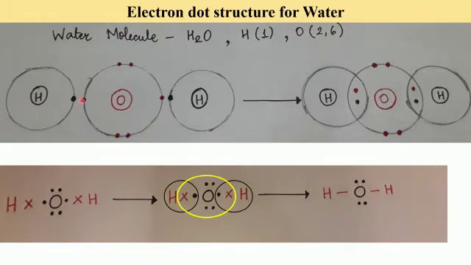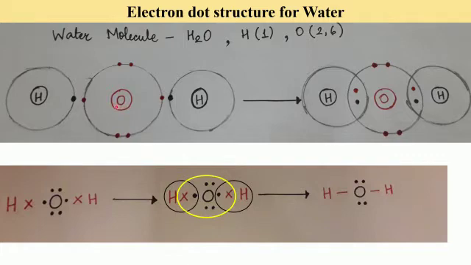Now the sharing has to take place. Hydrogen needs to establish duplet by having 2 electrons in the valence shell and achieving the electronic configuration of helium. Whereas oxygen needs 2 electrons to establish octet and to achieve the electronic configuration of neon.